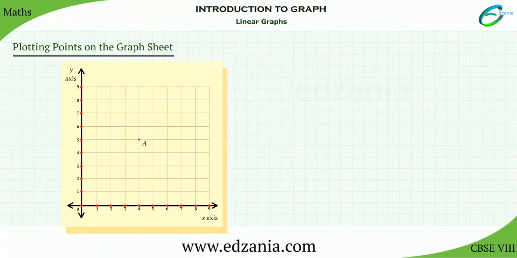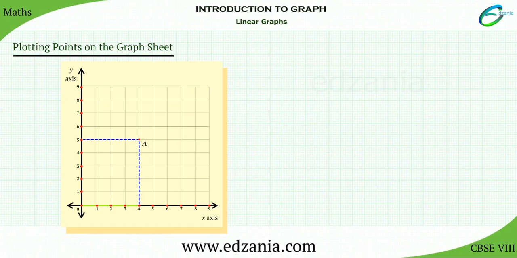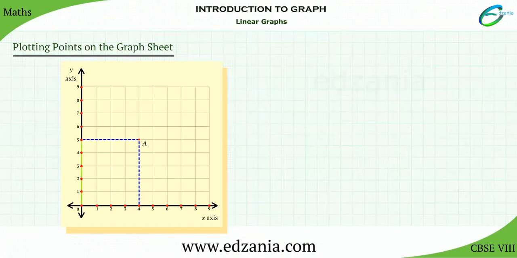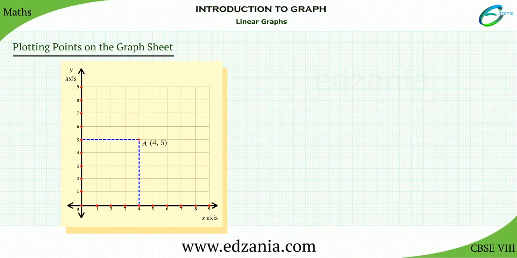We know that a point on a Cartesian plane has two coordinates. The first coordinate corresponds to a number on the horizontal line or x-axis, and the second coordinate corresponds to a number on the vertical line or the y-axis. Point A corresponds to 4 on the x-axis and 5 on the y-axis. So we write the coordinates of point A as (4, 5).